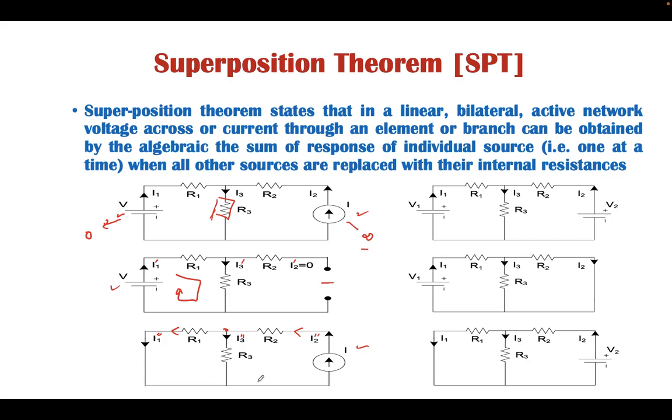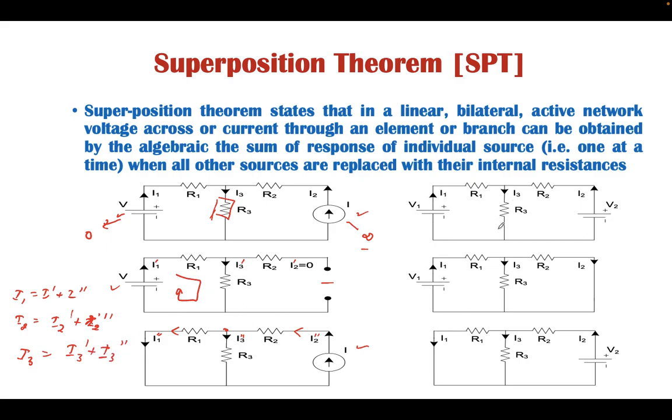Considering the direction of these currents, the resultant currents are I1 equals I1 dash plus I1 double dash, I2 equals I2 dash plus I2 double dash, and I3 equals I3 dash plus I3 double dash.